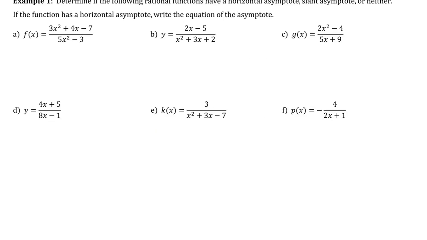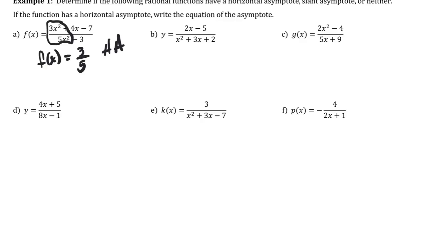All right, so let's put these rules to the test here. So in A, it's written in the right order. If we do the division, we're going to get f of x equals 3 over 5, and that is a horizontal asymptote, right? So remember, if we have an x left over in the numerator, then our end behavior will go towards infinities.